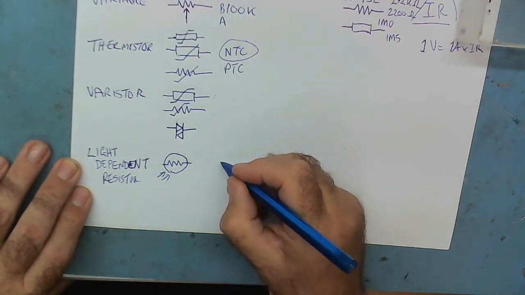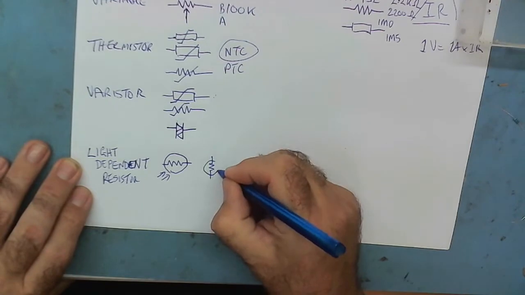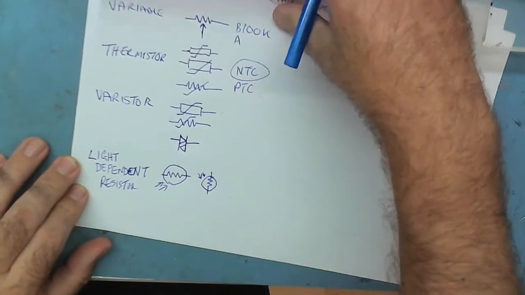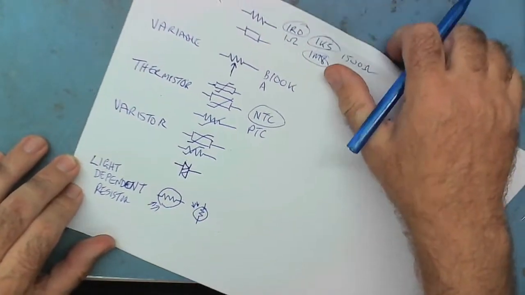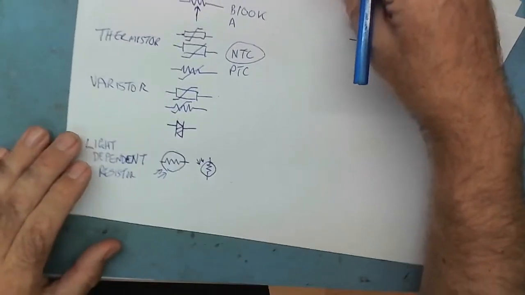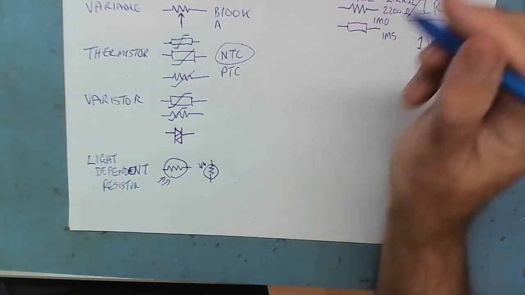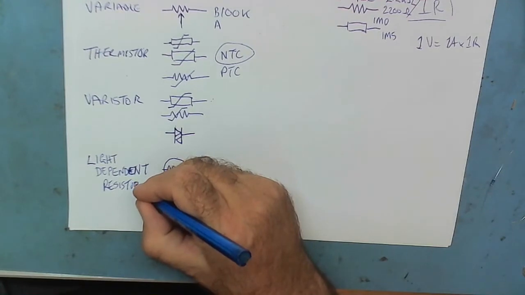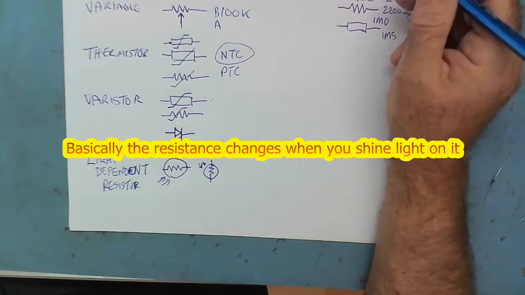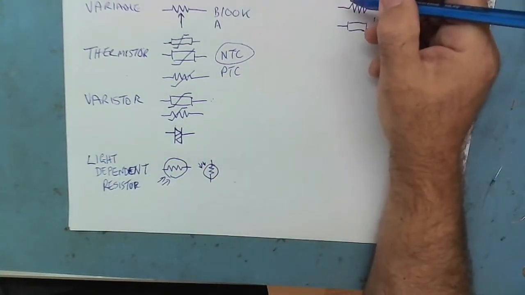Strangely enough, this one you often see like that. Any of these symbols, by the way, you can see that way, depending on how they draw the circuit diagram. Light dependent resistor, unlikely to find one unless you're getting one of these electronic kits to learn from. So those are the main types.